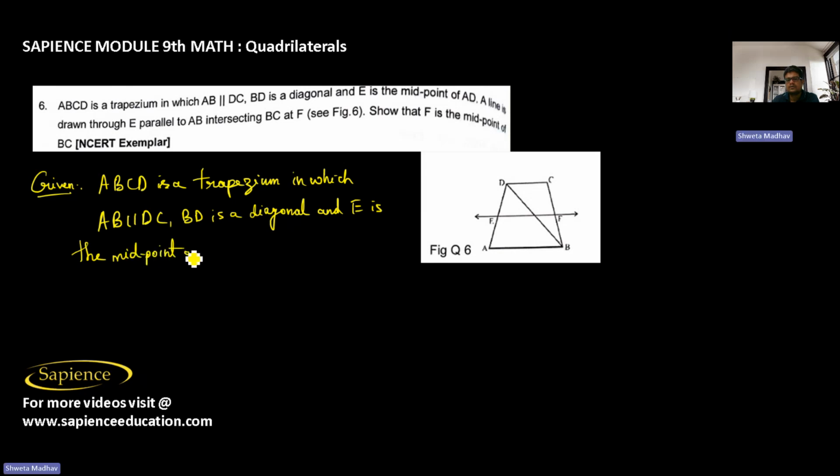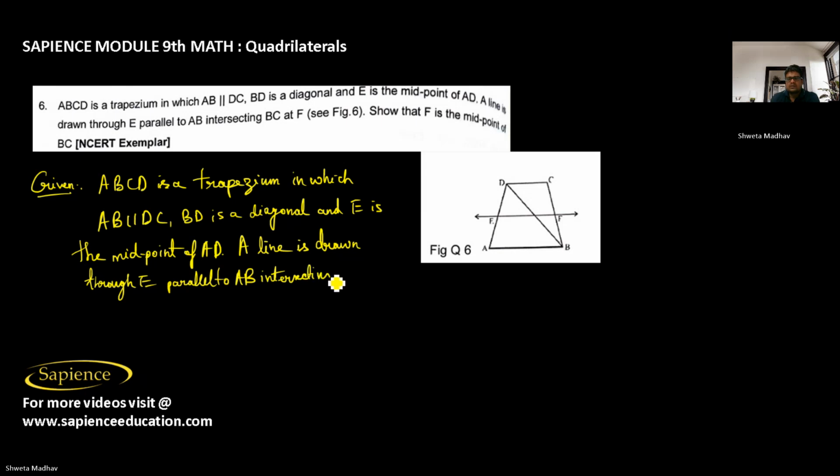A line is drawn through E, which is parallel to AB, intersecting BC at F. Then we have to prove that F is the midpoint of BC.